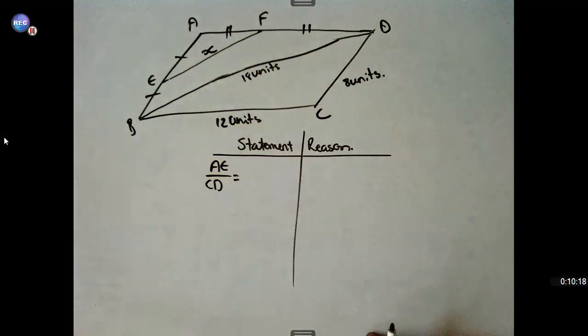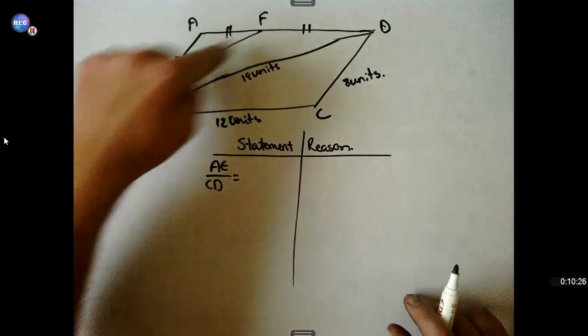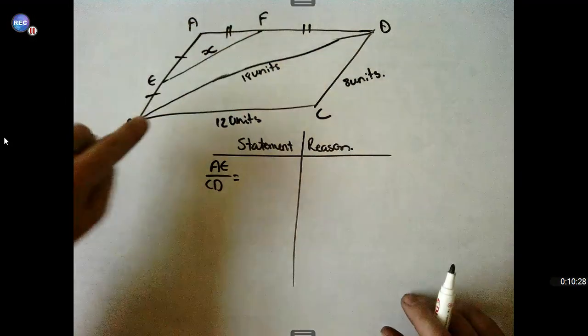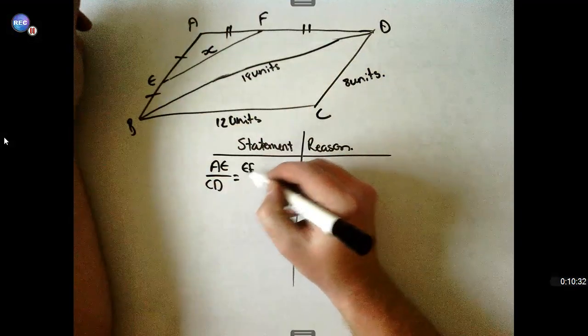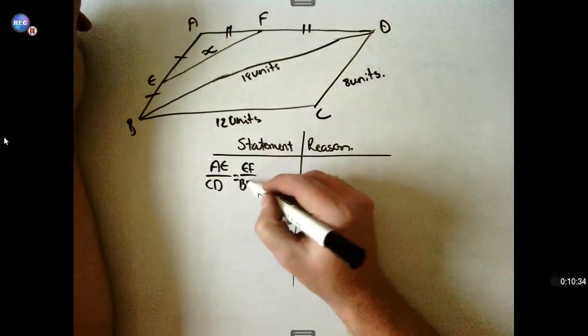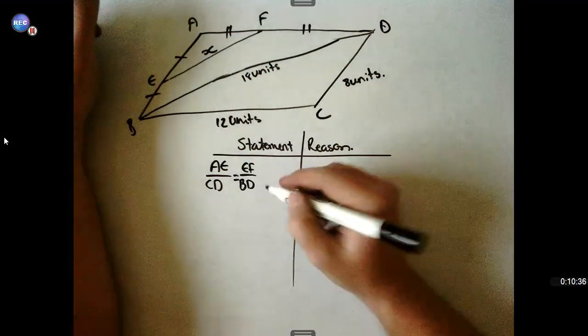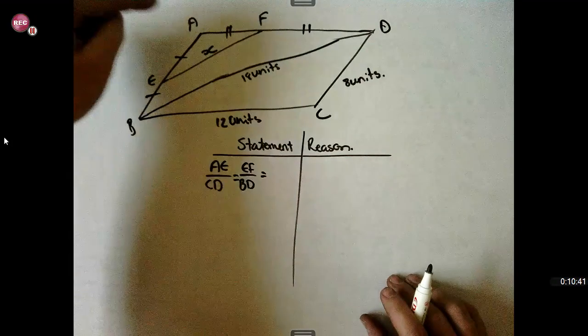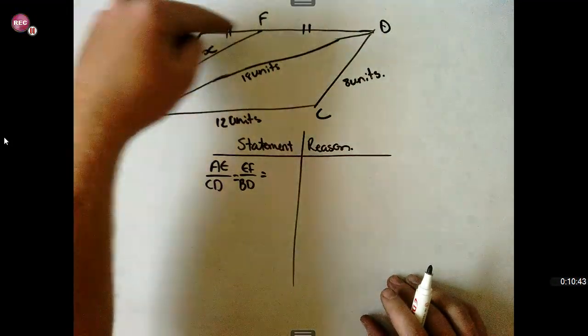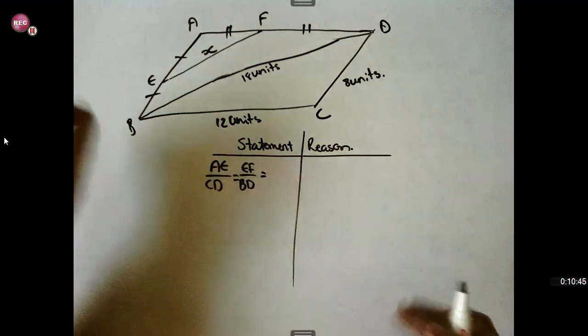So there's the first one ticked. Then the next one I would say corresponds would obviously be EF and BD. So EF over BD. Then the next one that I would say corresponds would obviously be AF, which is over here, and BC. So AF and BC.